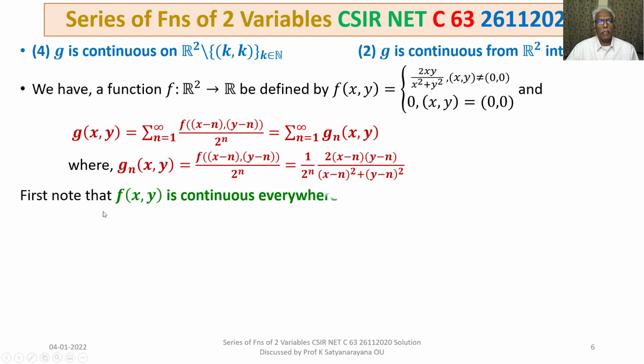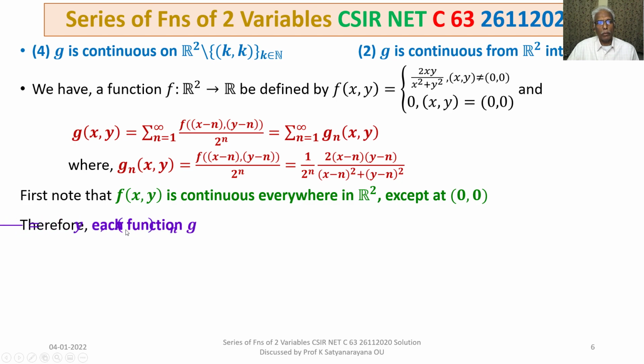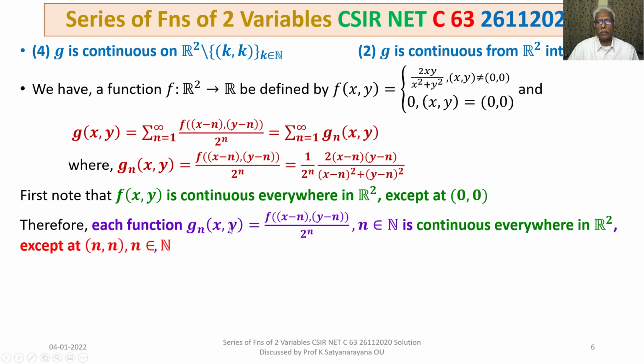First, note that f(x, y) is continuous everywhere on R² except at the origin. So the disturbing factor for the continuity is the denominator, that is x² + y². Therefore each function g_n(x, y) will be equal to 1 by 2 power n into 2(x - n)(y - n) by (x - n)² + (y - n)².